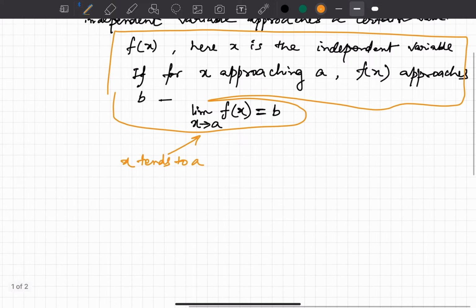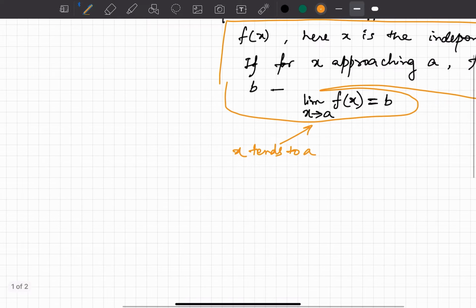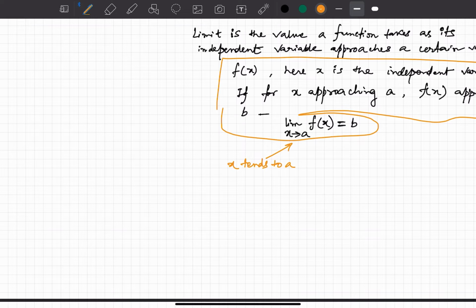Let us take an example. Say f(x) equal to x is a function. Let us take a simple example. This is the equation of a straight line, as we know. So the straight line will look like this.